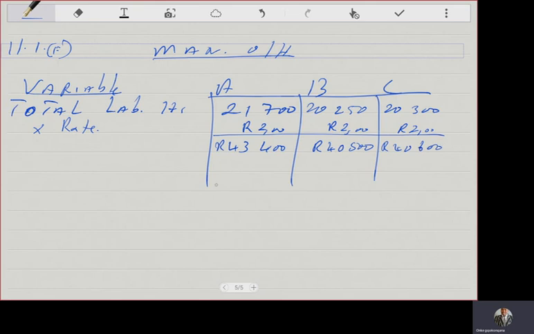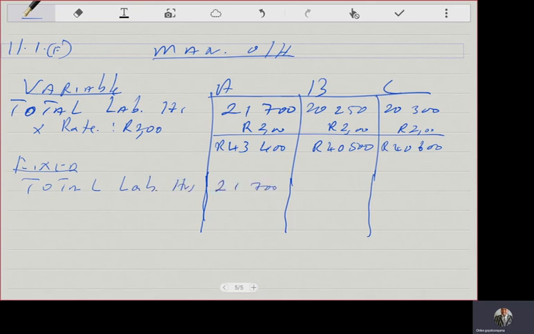That's it. Don't get tempted when it comes to the fixed to say, let me just combine the rates, take this rate of 2 rand and add the 1 rand of a fixed. We are multiplying here, we're not adding. So once you do that, it's going to be something else. Again, you take your total labor hours, same hours, 21,700, 20,250, 20,300.